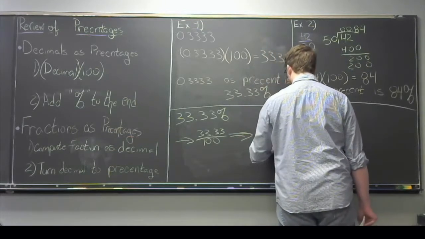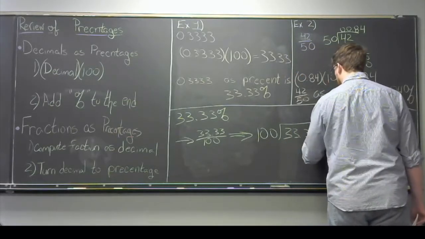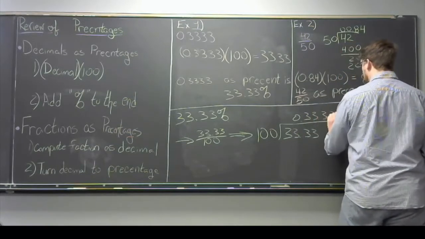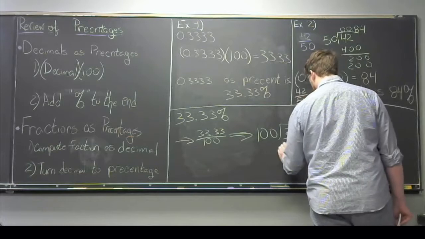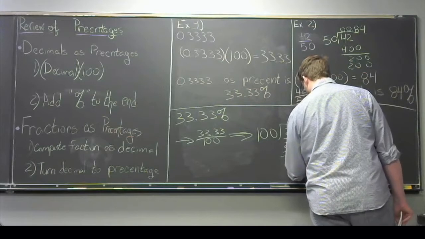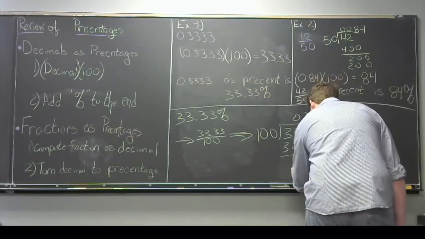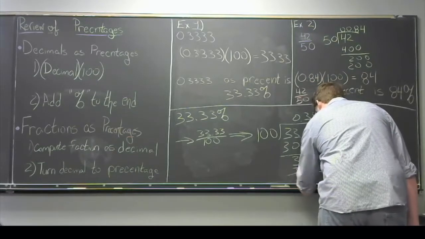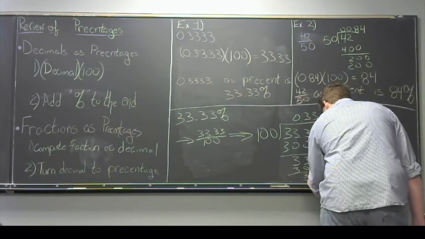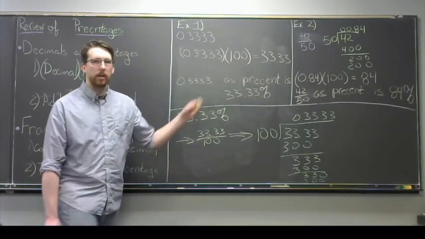So, using long division, 33.33 comes out to be 0.3333. And we just know that from long division, right? Like, we can finish the rest of that.